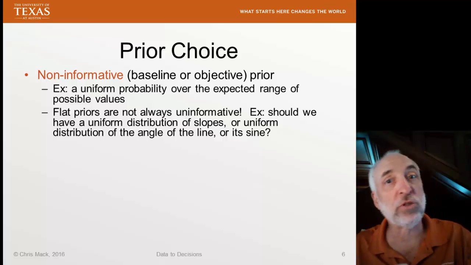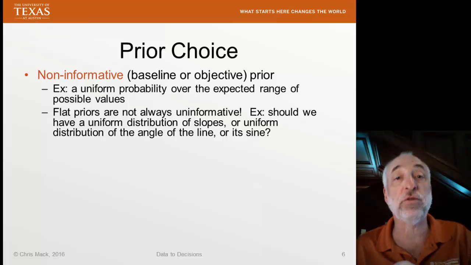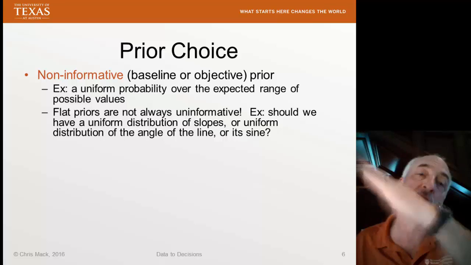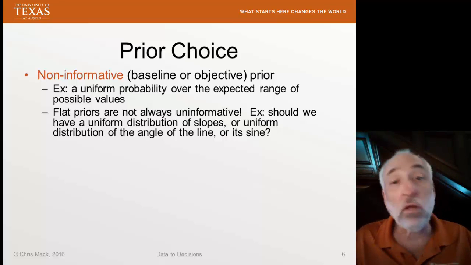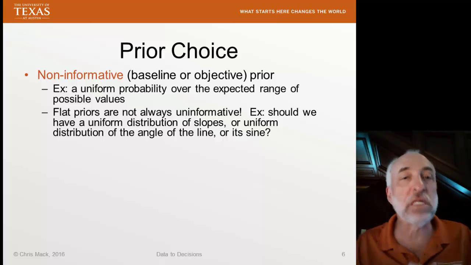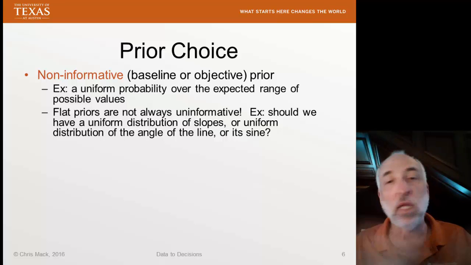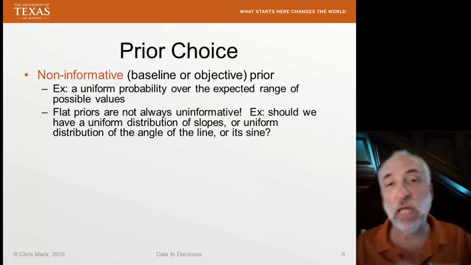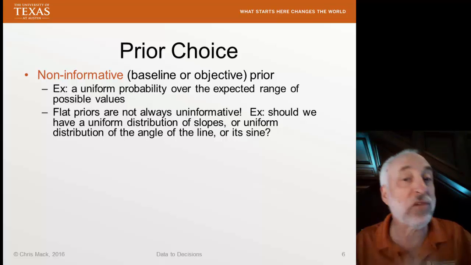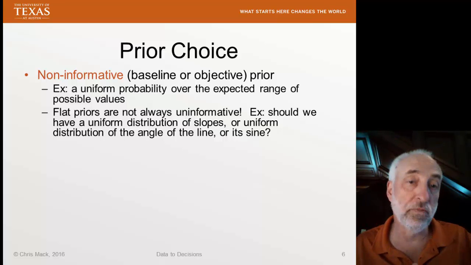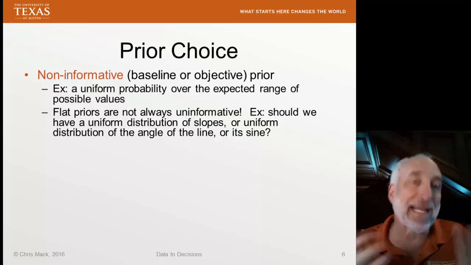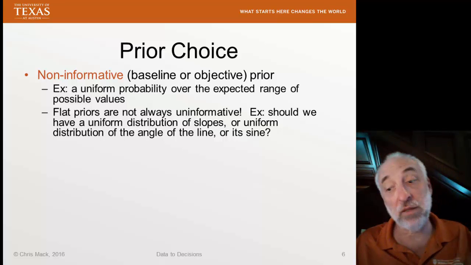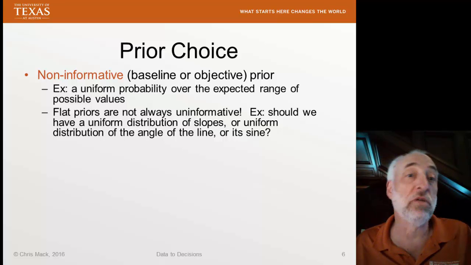Why not use a uniform distribution of angles? Why not use a uniform distribution of the sine of the angle of that line? All of these are uninformative in some sense, in that I'm saying they're all equally likely, but equally likely angles are not the same as equally likely slopes. So exactly what you mean by non-informative can sometimes be not very intuitive.